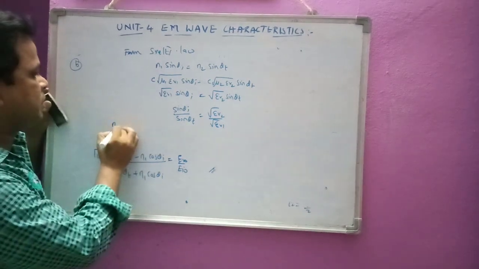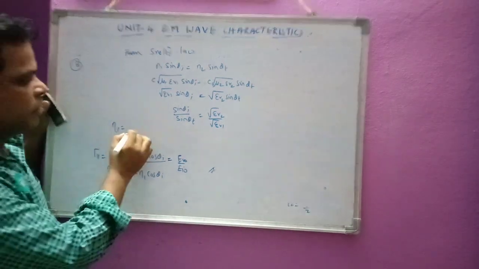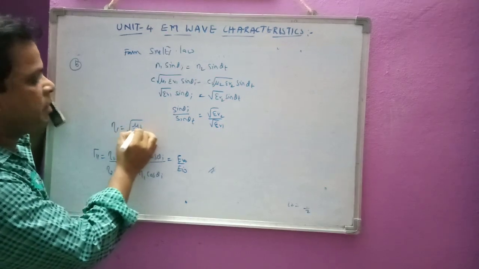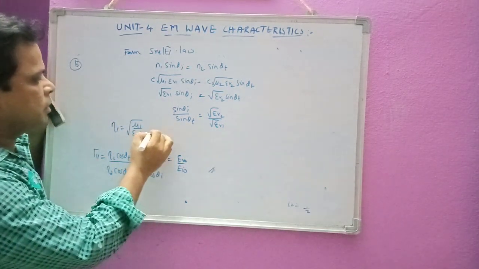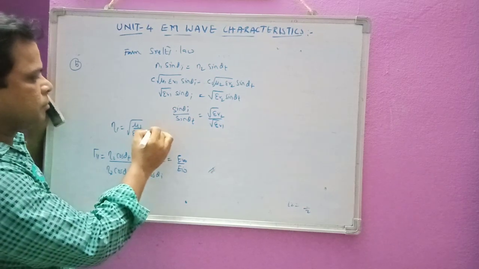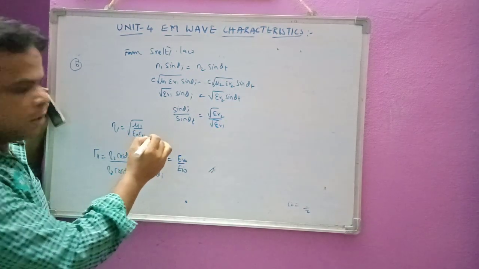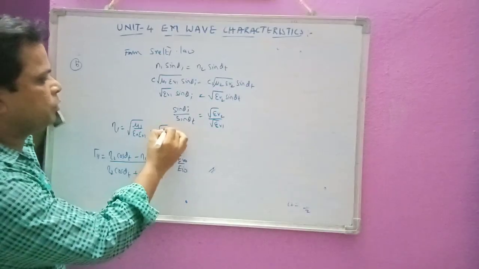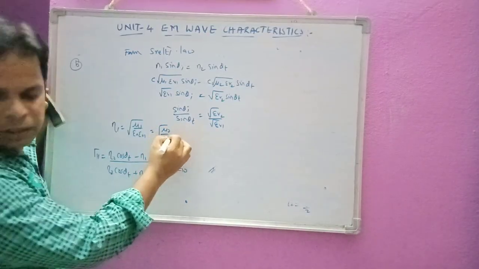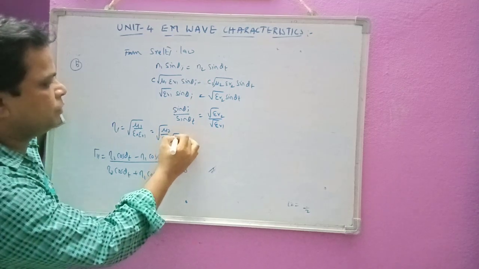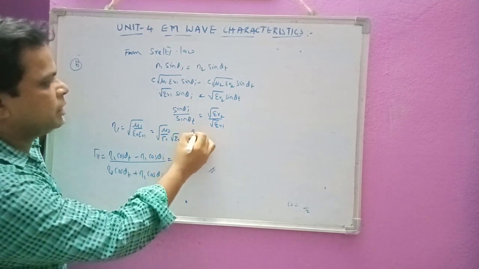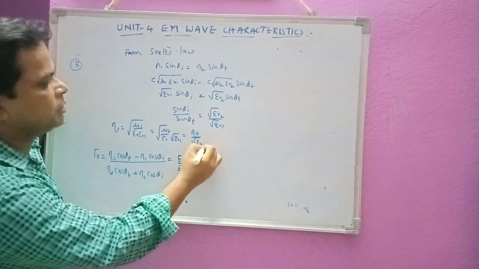Eta 1 is given as square root of mu1 by epsilon naught into epsilon r1. Now I can write this as square root of mu naught by epsilon naught into 1 by square root of epsilon r1, that is eta naught by square root of epsilon r1.